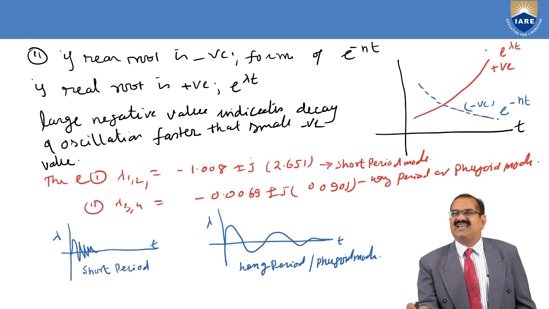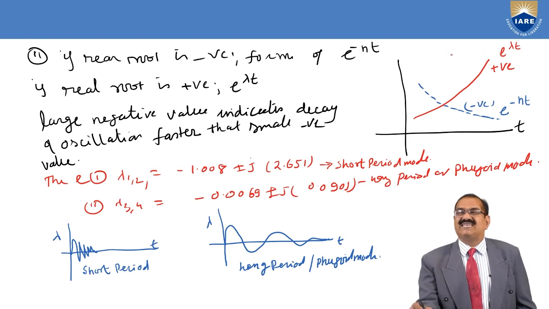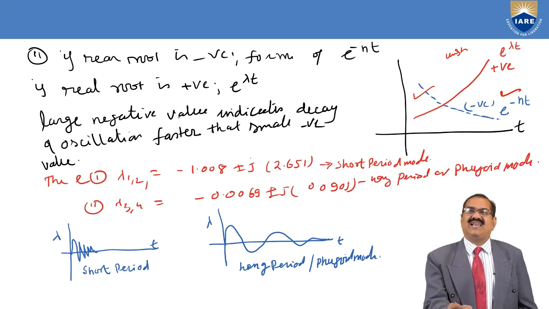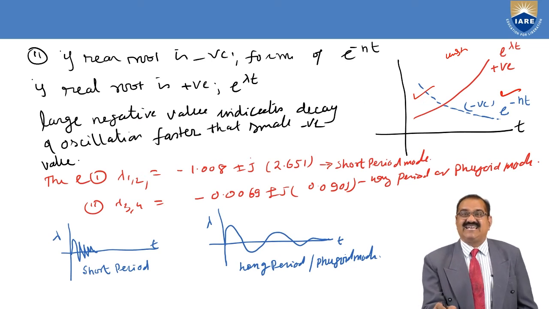You can see this here. If it is a plus value, it is unstable, and if it is a minus value, it is decaying. So we should have a minus value. Here a large negative value indicates decay of oscillation faster than a small negative value.